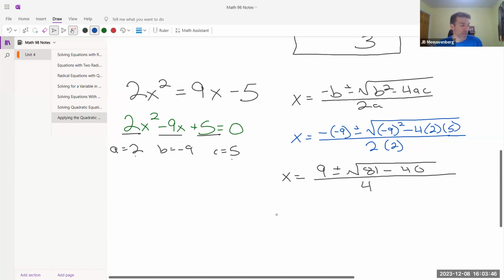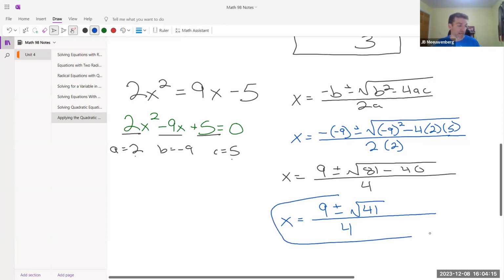One more, x is equal to, big fraction bar, 9 plus or minus the square root of 81 minus 40 is 41, and it's all over 4. And this is one of those cases where there's actually nothing else we can do. 41 has no perfect square inside of it, so it can't be simplified at all. That is it. This would be our final answer.